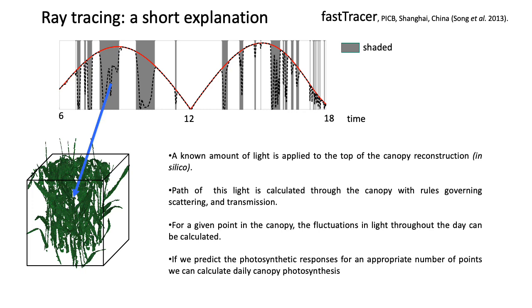So in theory, for any point in the canopy, we can predict the light dynamics during the day, and then we can also predict the photosynthetic responses during that day. So we can have a sum, if you like, of all of the leaf portions of a canopy, and we should be able to predict photosynthetic responses. This will take into account momentary shading, which will be due to the 3-dimensional properties of the plant.